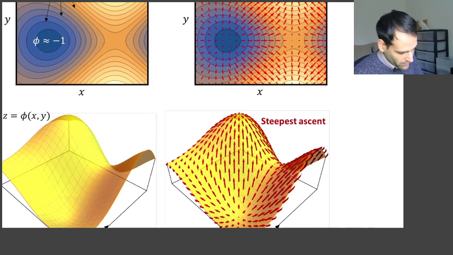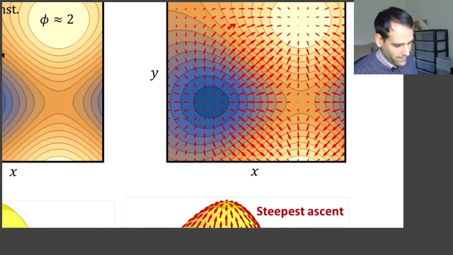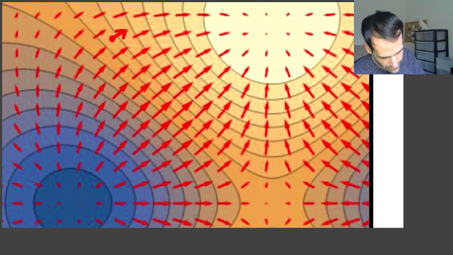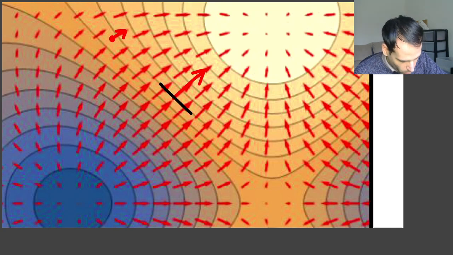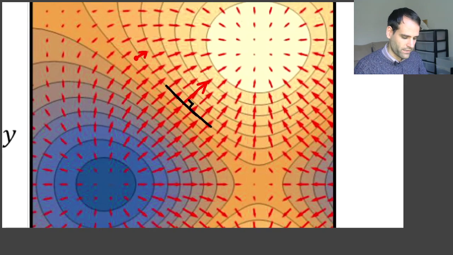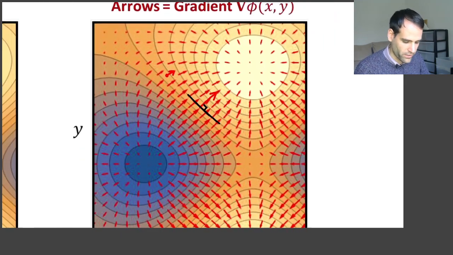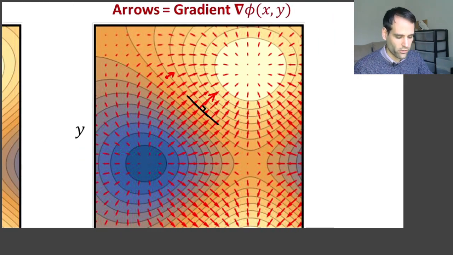One thing that I would like to note, and I will justify it later, is that the direction of the gradient, if you look at it, is always perpendicular to the lines of constant scalar field. So it's always perpendicular to the contour lines.